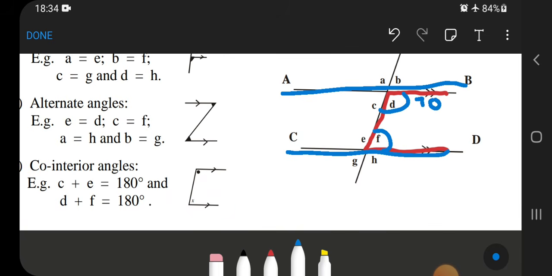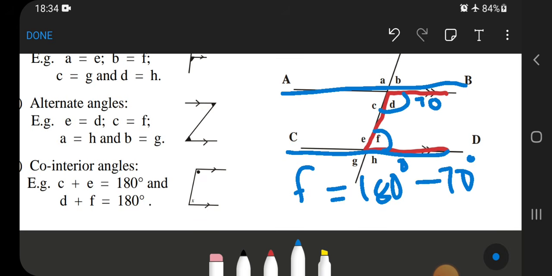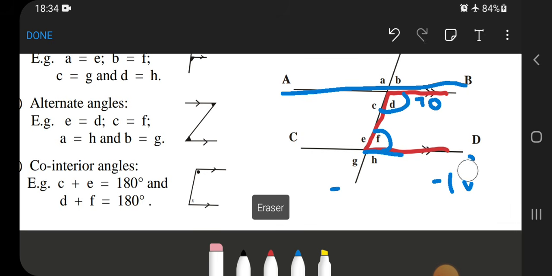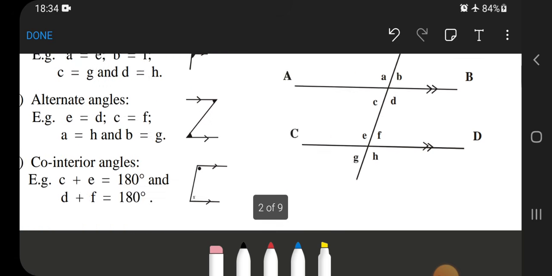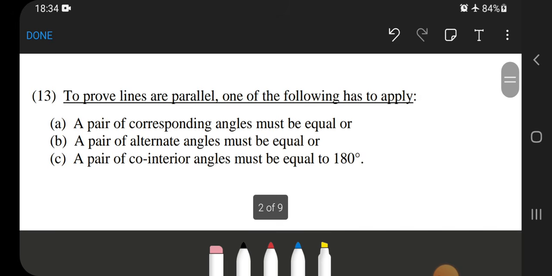So if this is 70, to get F you do F equals 180 degrees minus 70 degrees. You find co-interior angles, alternate angles, and corresponding angles in many shapes, like squares, rhombuses and rectangles, as long as there are lines in between.